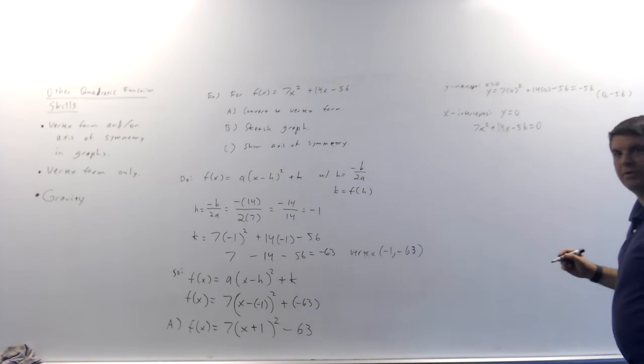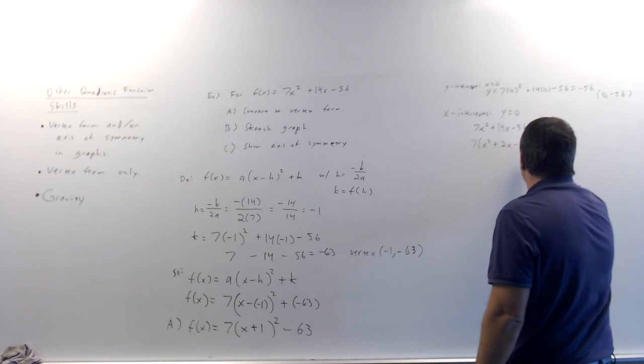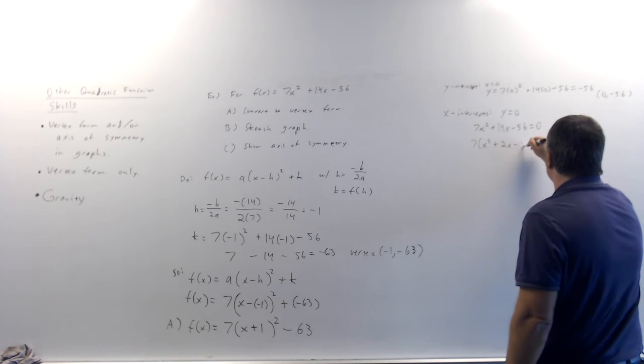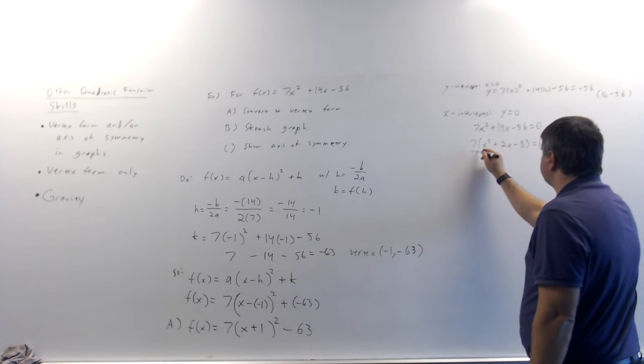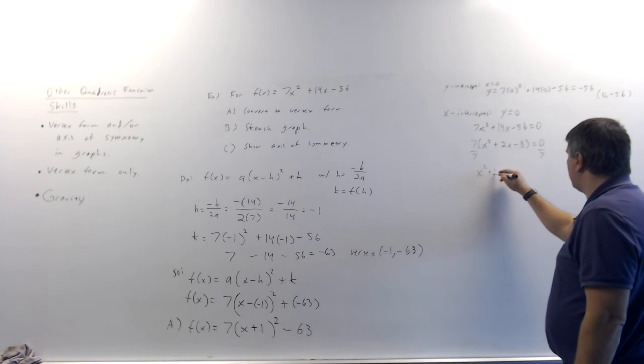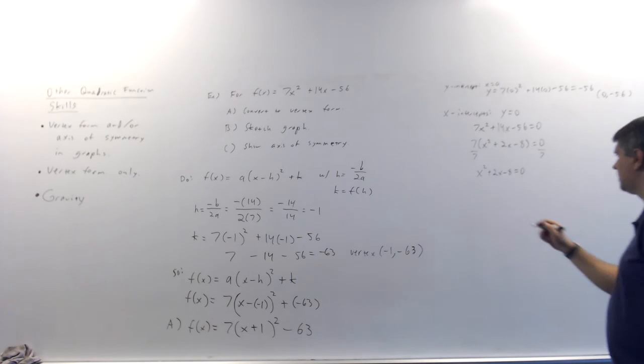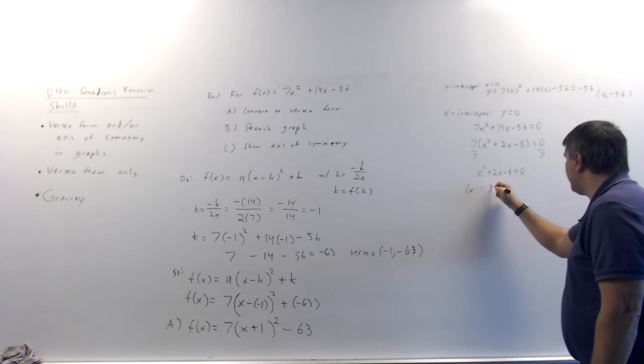All right, I will divide off the 7. And I have x squared plus 2x minus 8 equals 0. It's solvable by factoring.